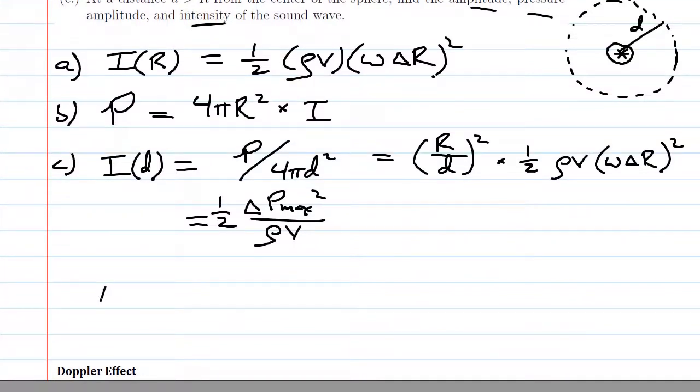So I'll do that, and I find that the pressure amplitude, delta P max, there's some algebra there in solving for delta P, but it comes out to be proportional to 1 over the distance. But the intensity drops like the distance squared, since the energy gets spread out over a sphere. But the pressure of the sound wave decreases like 1 over the distance, and then you can find that so does the amplitude of the sound wave.